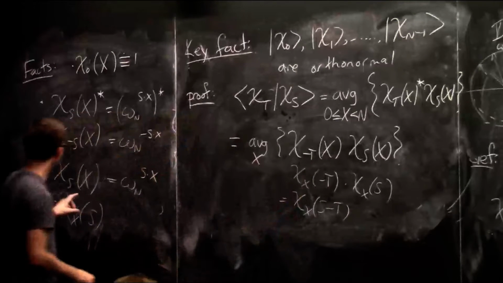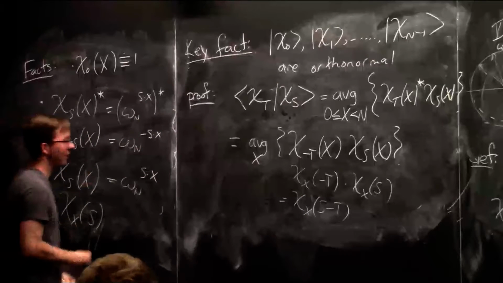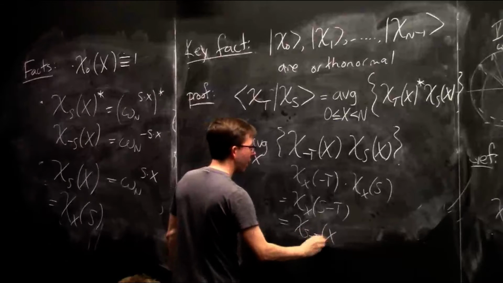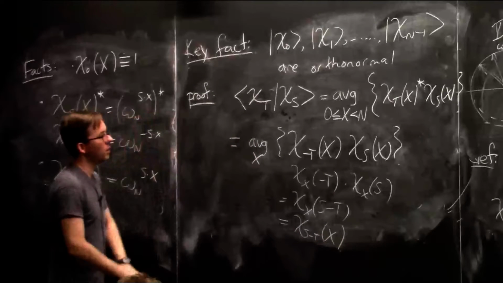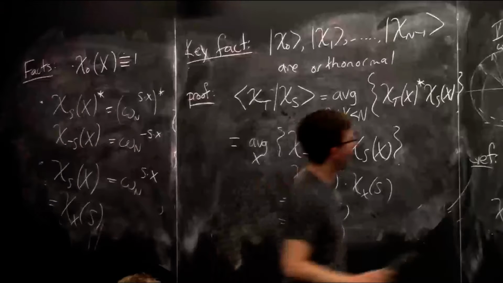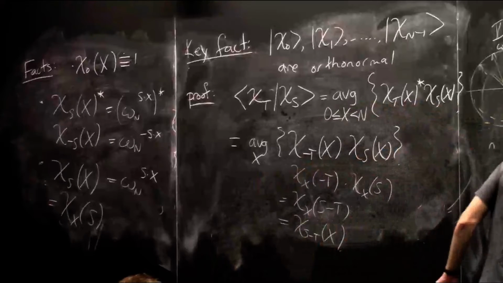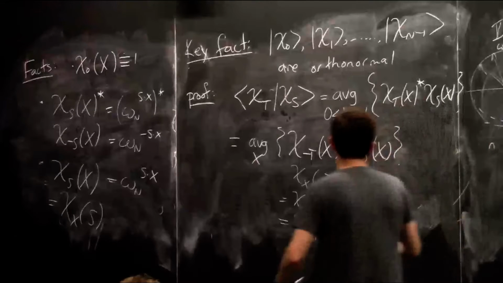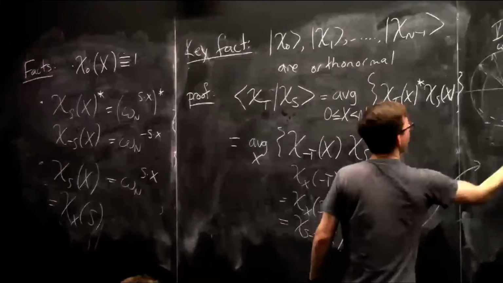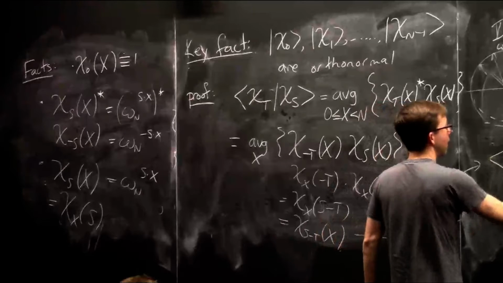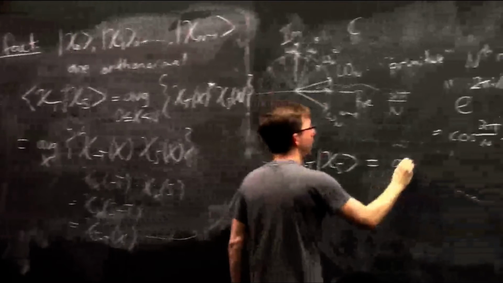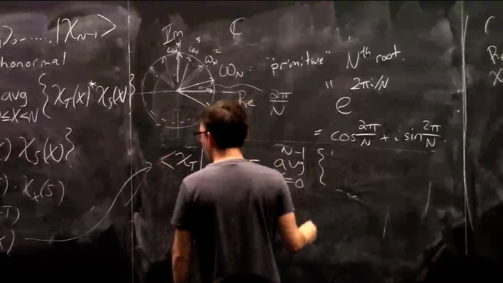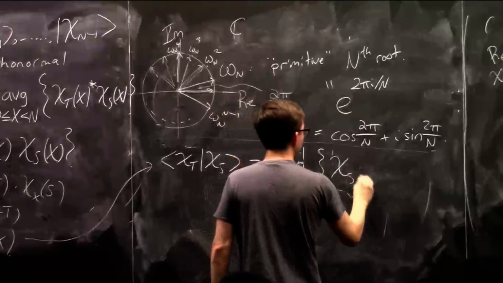And then I'll undo this little reversal. This is chi s minus t x. So, all right, this is just playing around arithmetic-wise. What we've seen so far is that the inner product of chi t and chi s is the average over x from 0 to n minus 1 of chi s minus t x.